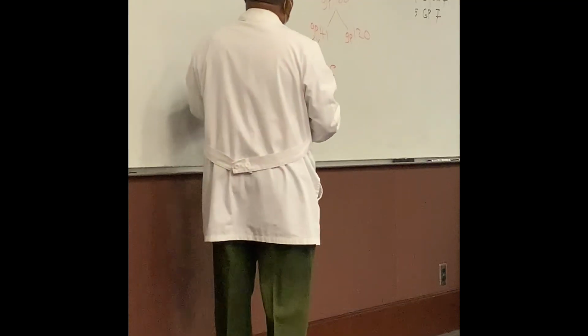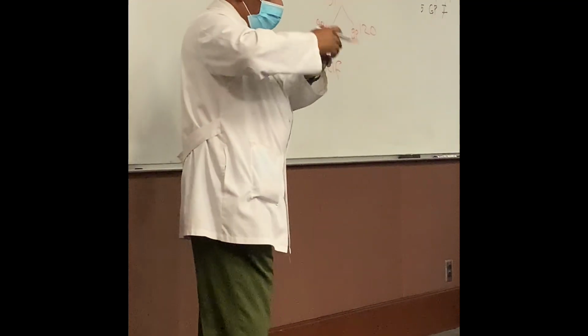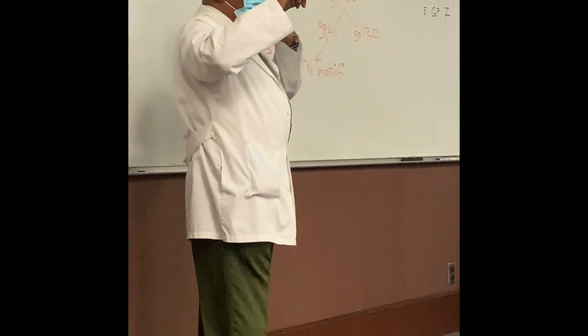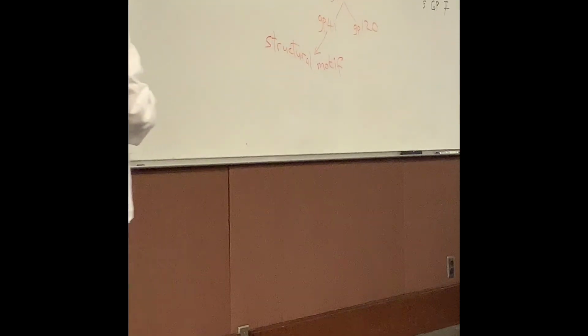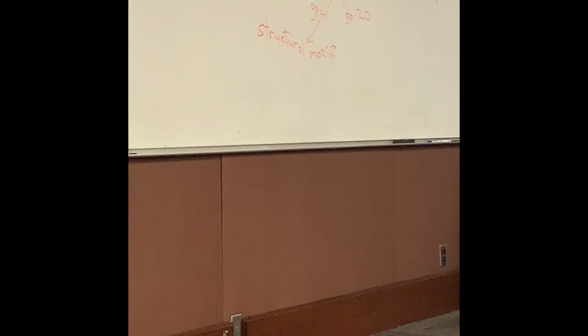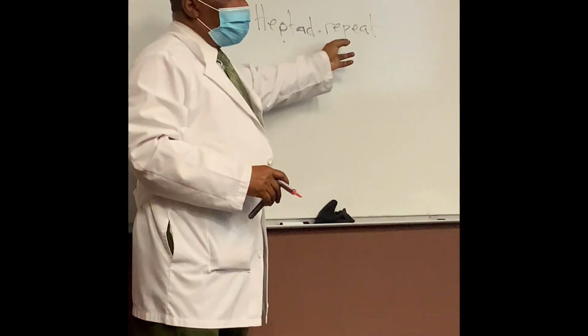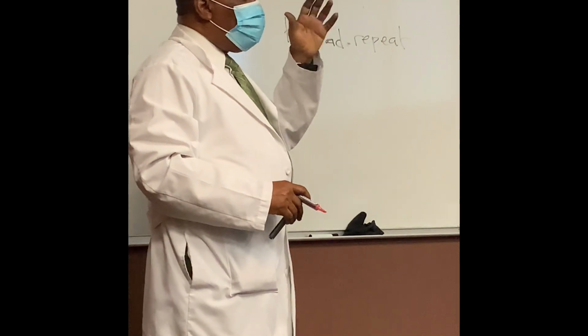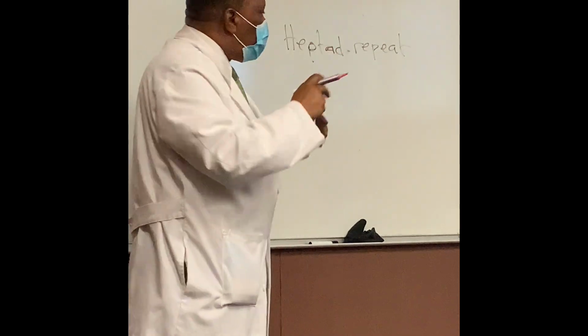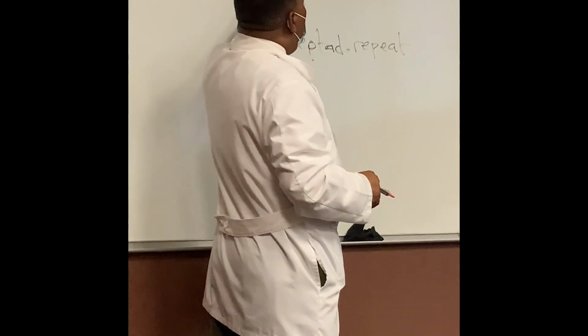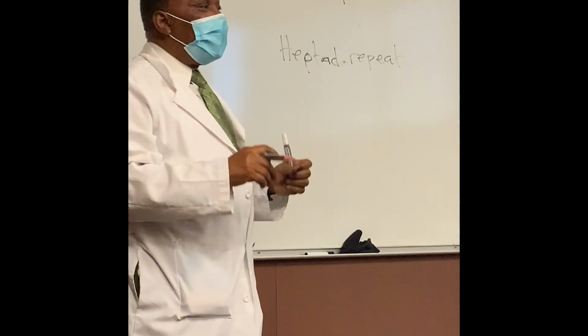So that repeating structure of 7 amino acids is what you call a heptad. Hep, 7. Okay. Heptad repeat. So the very first 7, that is the first heptad, is what enfuvirtide would inhibit.